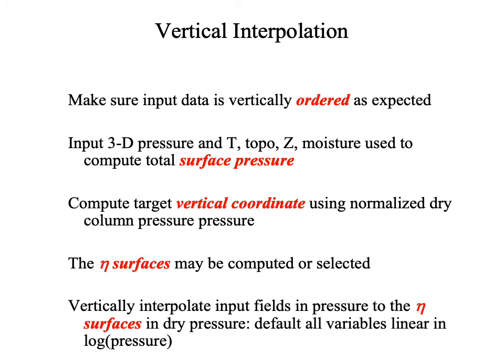So we have input temperature, topography, height and moisture, and we use those to compute a surface pressure field for the WRF model. We are given a vertical coordinate, and that's the normalized column pressure. We've seen it before where eta goes from 1 to 0. And that normalized vertical coordinate defines the locations at each i,j grid point where we are going to be interpolating to from our metgrid data.